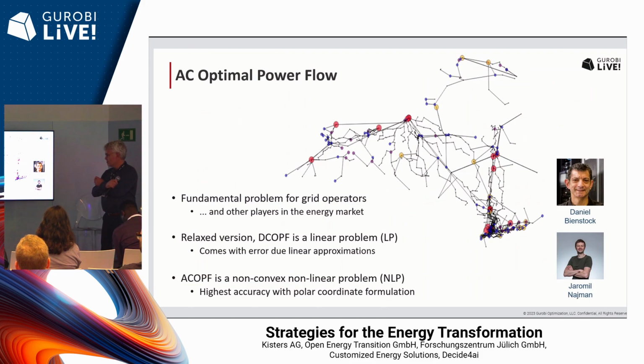One thing I would like to point out specifically, because we're in the energy track today, is the AC optimal power flow Optimod. The AC optimal power flow problem is a fundamental problem for grid operators and many other places in the market. So this problem is being solved every day in the operation of transmission systems, but also in planning models. And it's a tough problem. It's nonlinear in its original formulation. So mostly the relaxed version, which is called the DC optimal power flow problem, is solved.